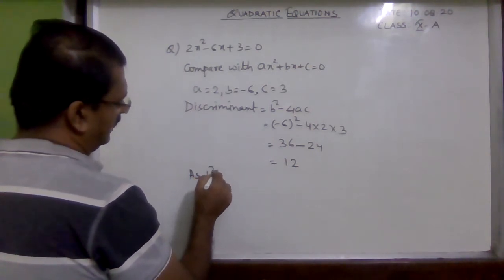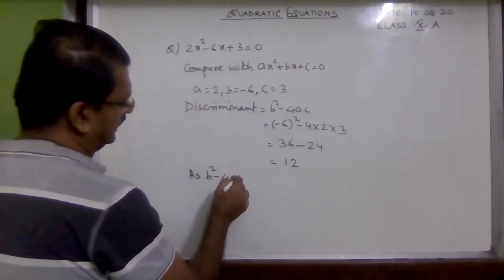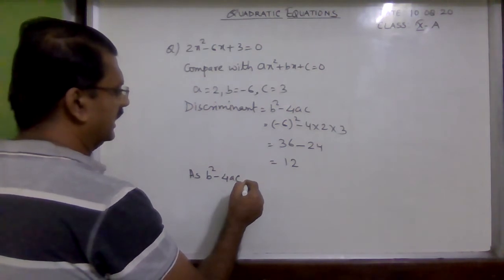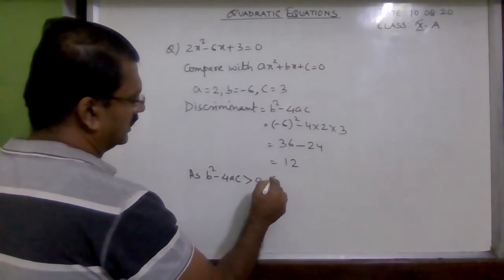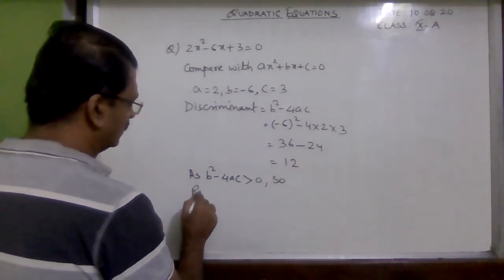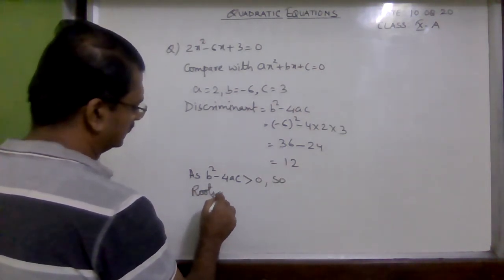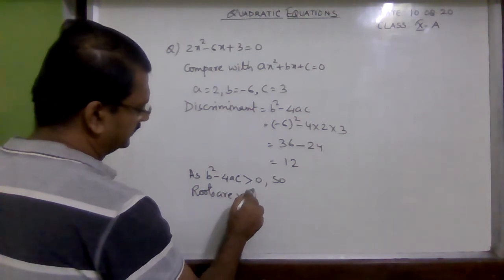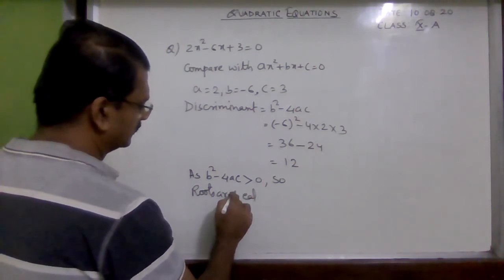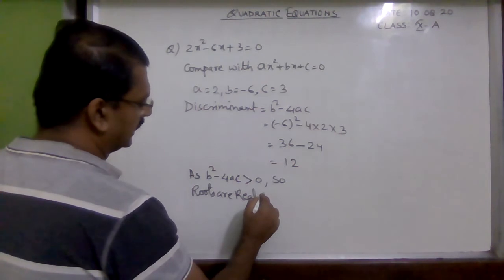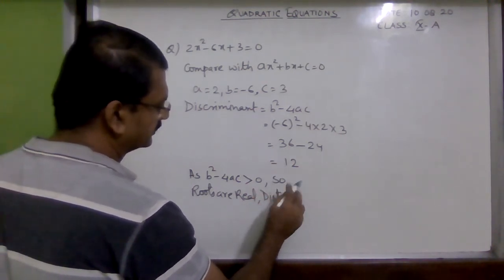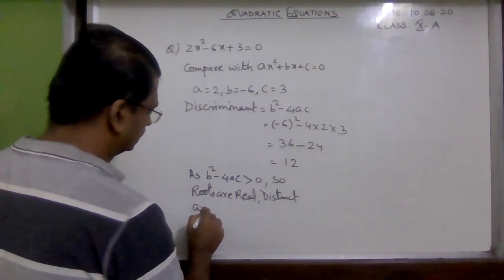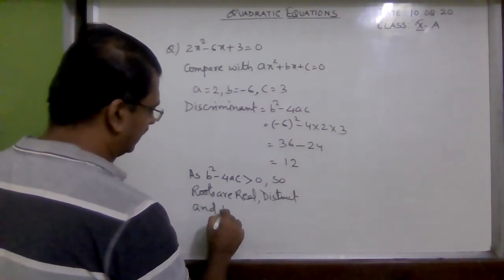As b² − 4ac is greater than 0, so roots are real, distinct and irrational.